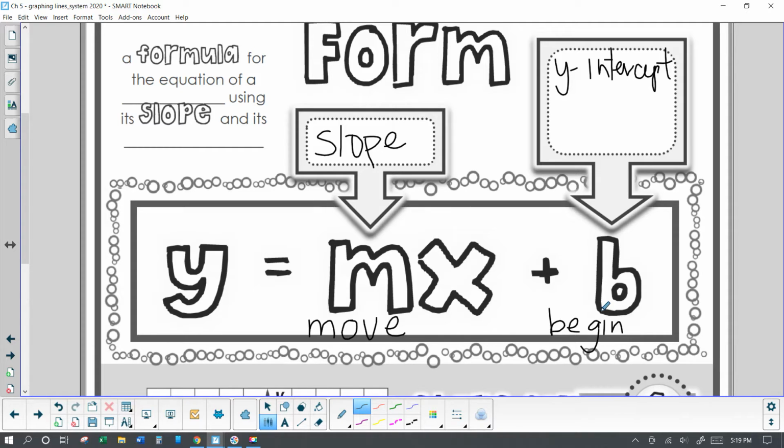Over here on the side, it says the formula for the equation of a line is using its slope and its y-intercept. And this is what we do. We use the slope and the y-intercept in order to graph a straight line.